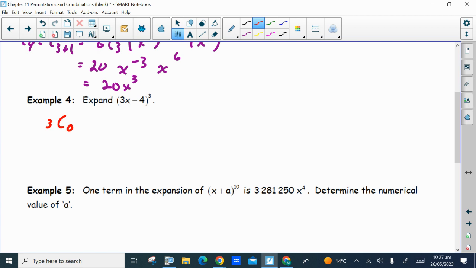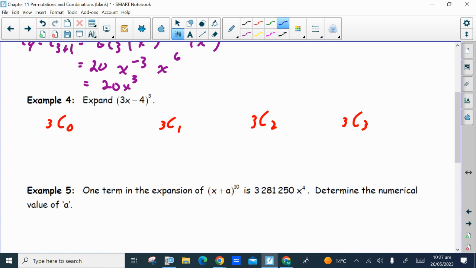And then our r value, remember it's nCr, will increase by 1. N stays the same. So the next ones will be 3c1, 3c2, and 3c3. Because n is 3, there will be 4 terms. And so there's our first 4 initial coefficients.